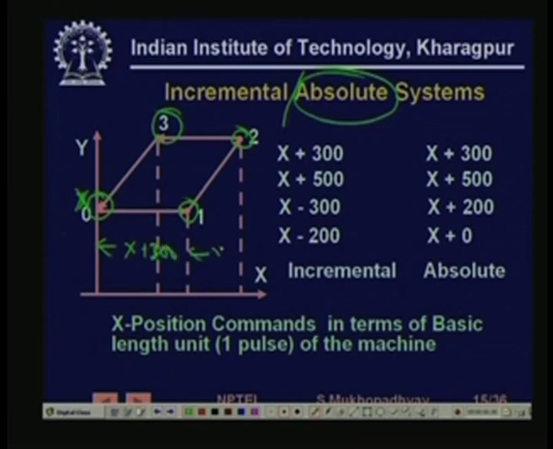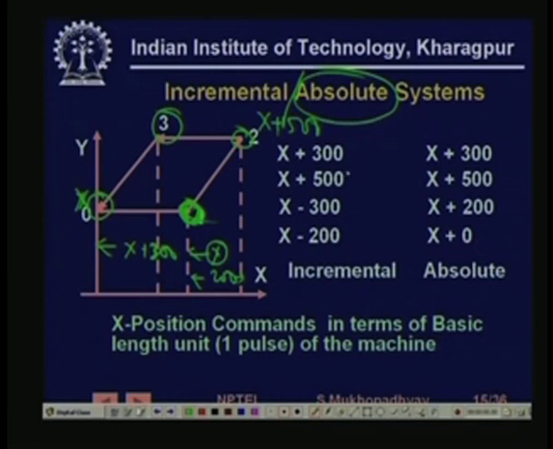Once you have done x plus 300, now your current position is at point 1. So, the coordinate of this point is x plus 500. In the incremental system you always do it from the current point. The current point is here, so this is going to be 200.